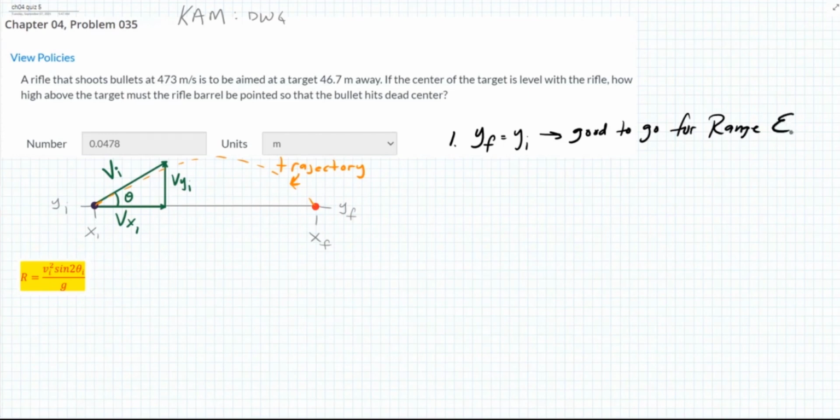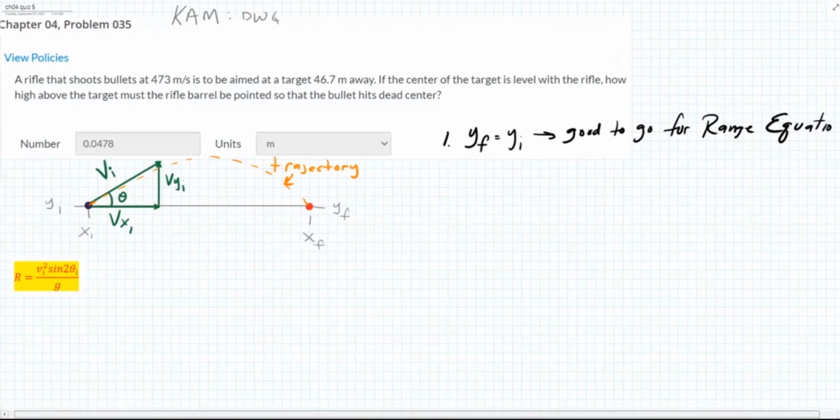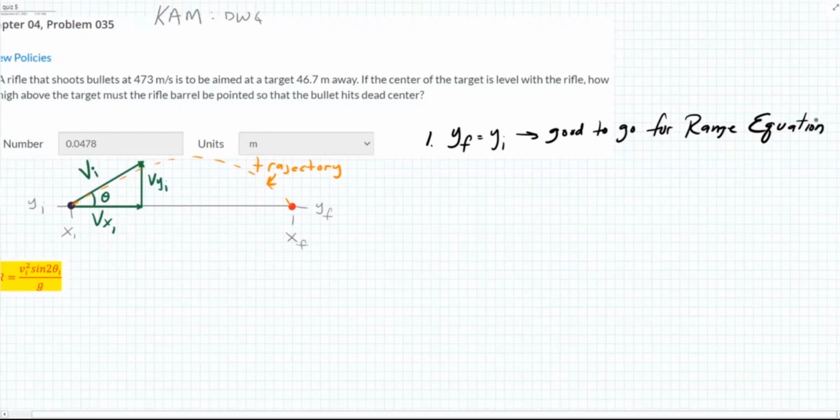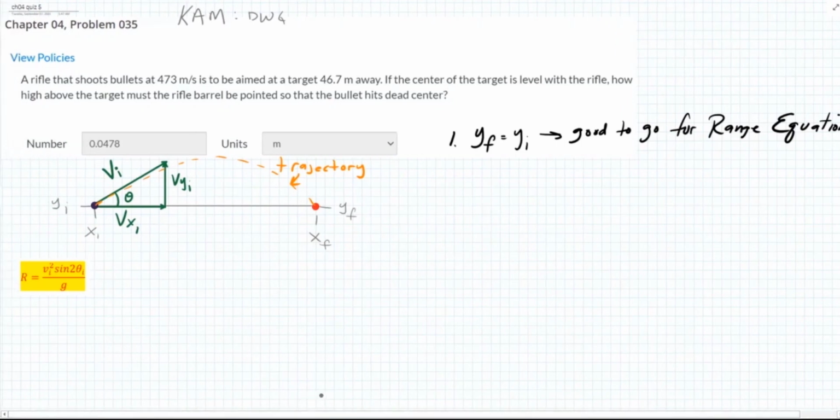And the only reason I keep saying understand these derivations is, what if you need to rederive some stuff during an exam? Just seeing how stuff is derived makes you a better deriver yourself. So I'm thinking range equation because my launch height matches my landing height.